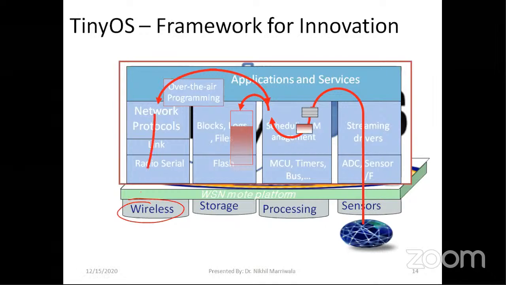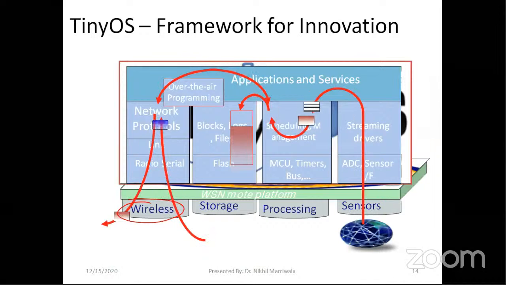So this is the TinyOS structure. This is how it works. The arrow would move just out. I hope you are able to utilize this. Now this is how things can be monitored easily, right? You can see the communication happening. Over the air transmission or over the air programming might also help.